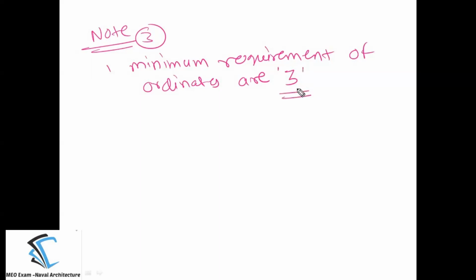You should have a minimum of 3 ordinates. Then only you can use the trapezoidal rule for calculating the area as well as the volume. Okay, I hope everything is clear from the trapezoidal rule.